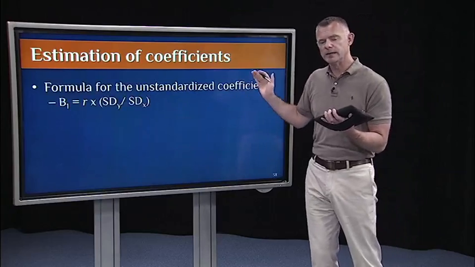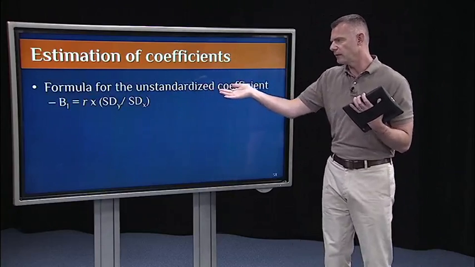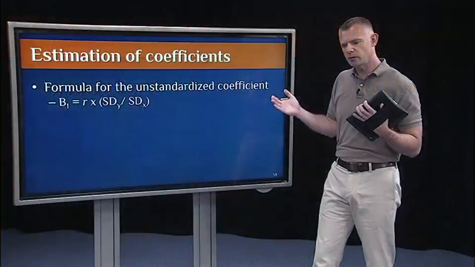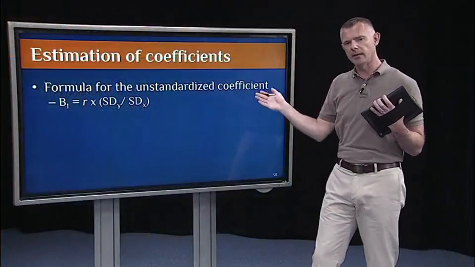So the formula in simple regression is very easy. If we calculate the correlation coefficient, which we did last week in the lecture on correlation, then we just have to multiply by the standard deviation of y over the standard deviation of x. And the reason we need to do that is we need to take into account the scale of y and the scale of x.